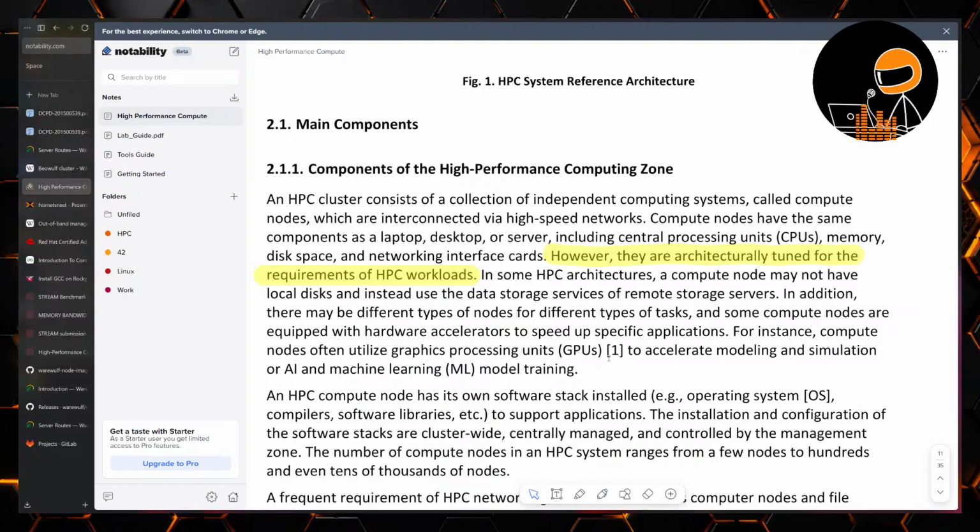And some compute nodes are equipped with hardware accelerators to speed up specific applications. For instance, compute nodes often utilize graphics processing units, GPUs, to accelerate modeling and simulation, or AI machine learning model training. Gotcha.